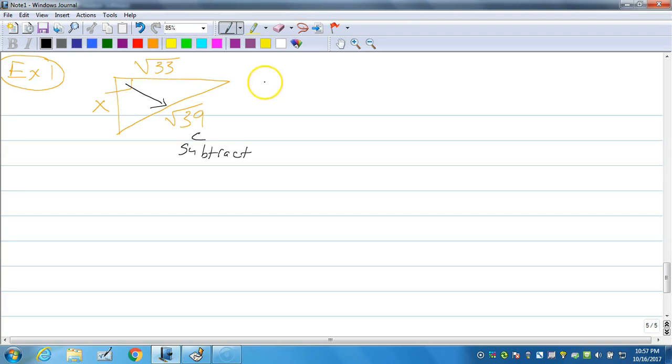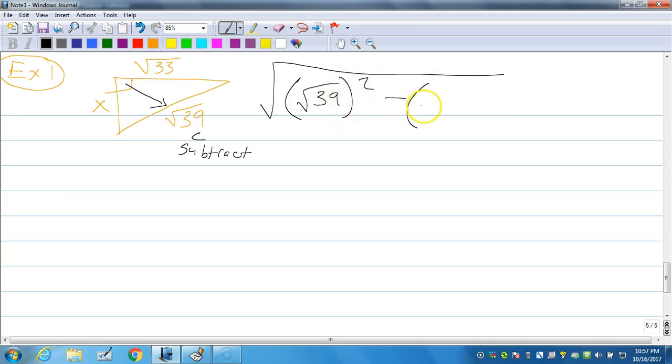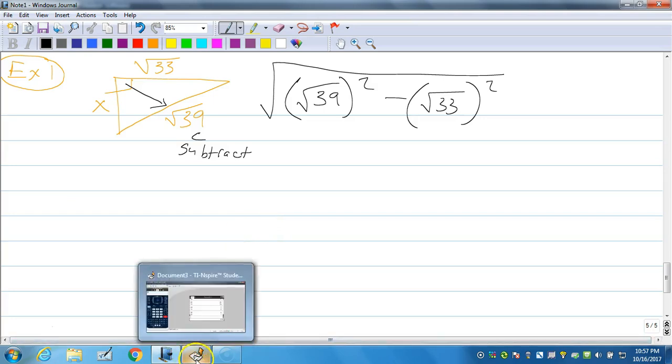I'm just going to show you already. The square root. So now we subtract. 39 is bigger than 33, so we subtract the bigger number. The square root of 39 squared minus the square root of 33 squared.